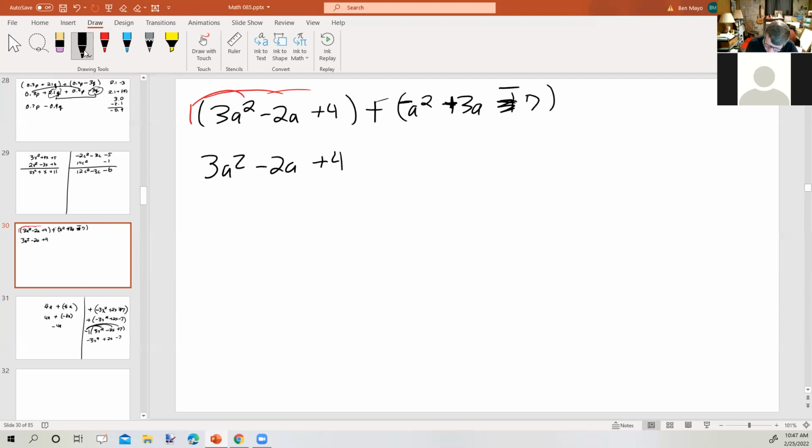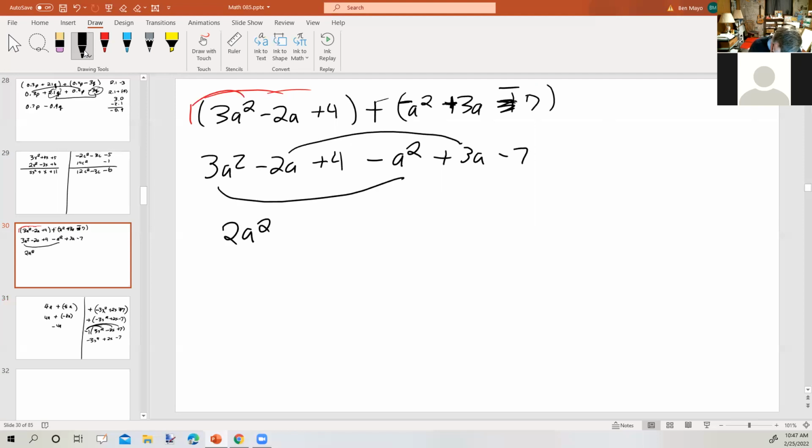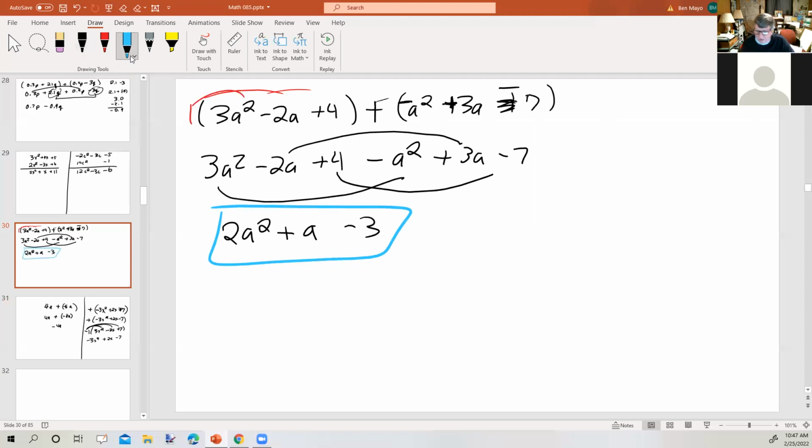Okay, so now I'm adding. So I've got minus a squared plus 3a minus 7. Any questions about what just happened there? So now combining like terms, 2a squared plus 1a minus 3, and there's the final answer.